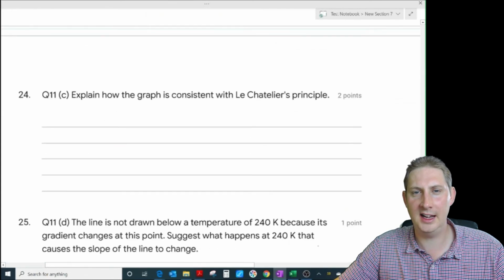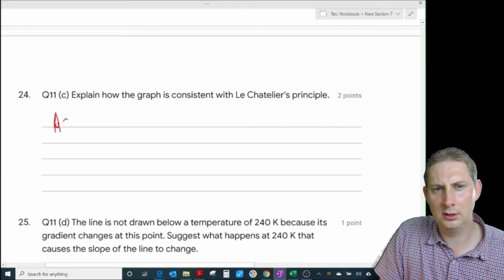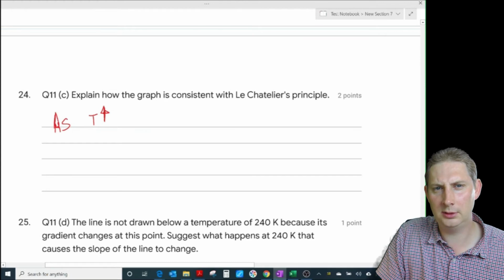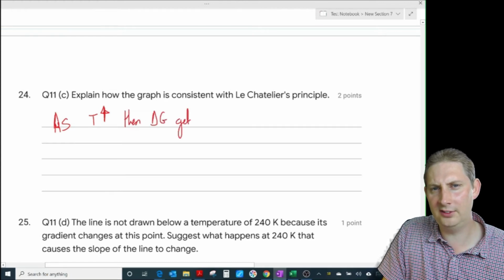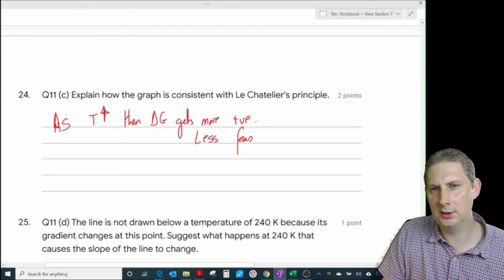So what we want to say is, as the temperature goes up, then delta G gets more positive. So we've got less feasible and we've got less product.